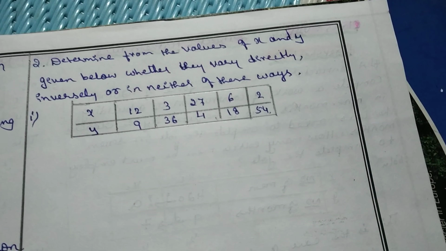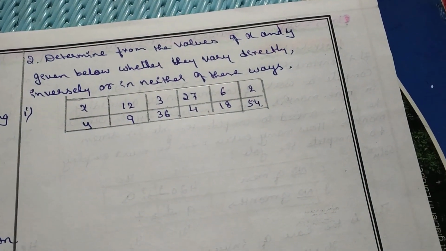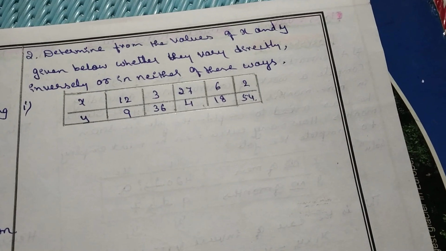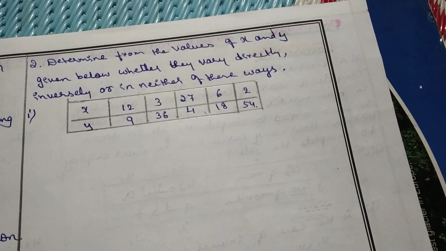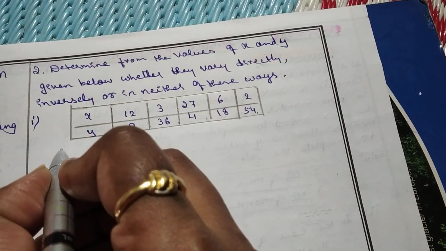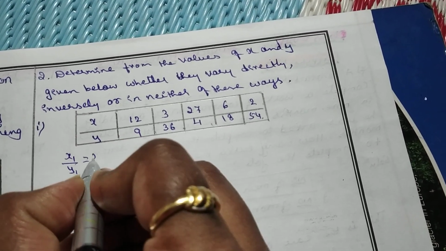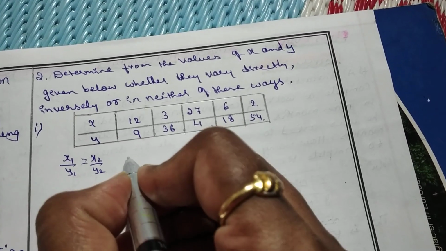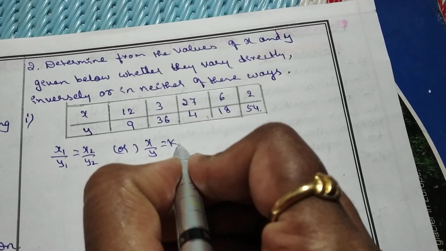He clearly did not say whether they vary directly or inversely. That we need to check and confirm. We know that for direct variation, x1 by y1 equals x2 by y2, or we can go with x by y equals k, that is a constant.